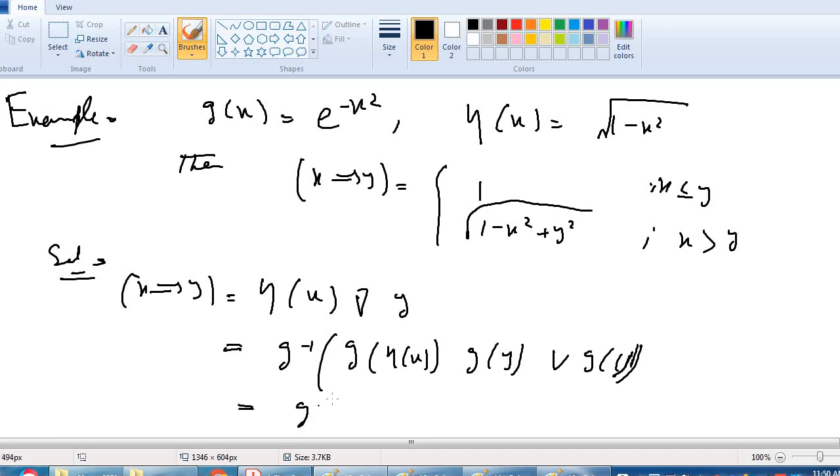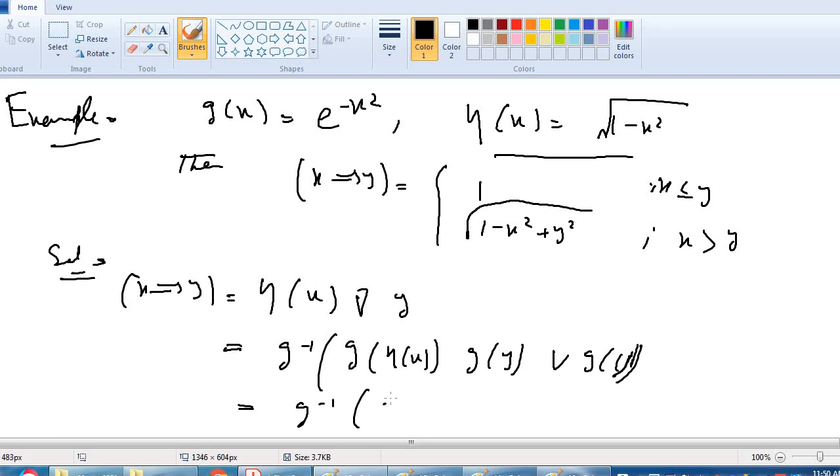It will be g inverse of g of eta of x and g of y. We know that eta of x is equal to the square root of 1 minus x square.